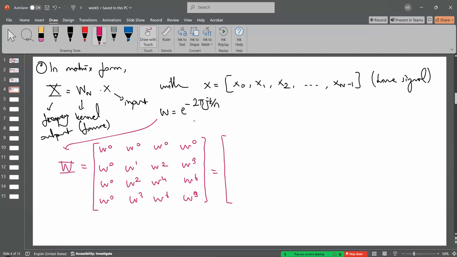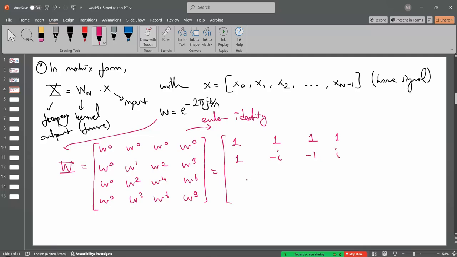If you are using the Euler identity formula, we can write this matrix just like this one: 1, 1, 1 and 1. Okay, 1, minus i, minus 1, i.